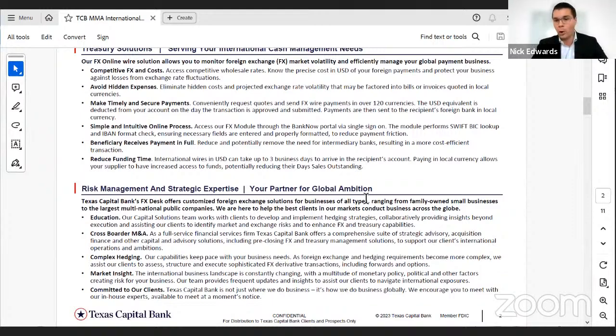And then market insight: we send reports out to our clients and provide them with updates. For example, as we've seen the peso over the last year or so, the super peso, as it's sometimes been called, we've been trying to get our clients, if they do have costs in Mexico, to look at hedging to lock in some of their costs because of how expensive it has gotten to purchase pesos down there.